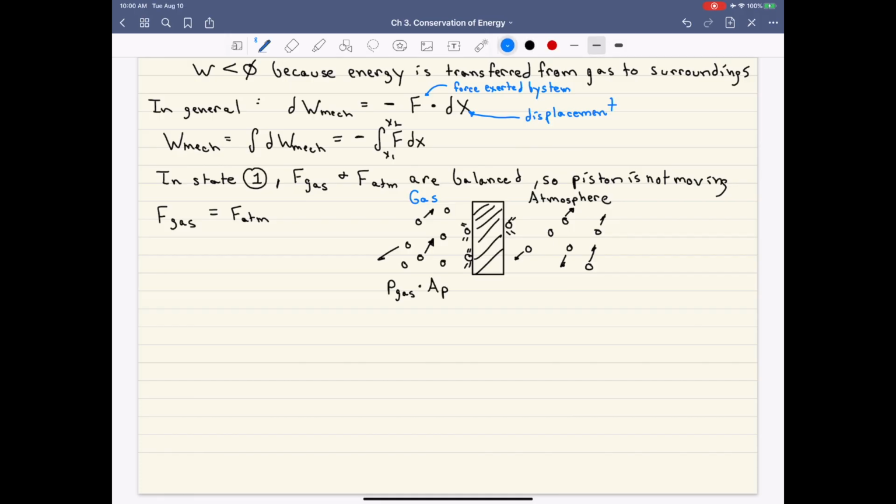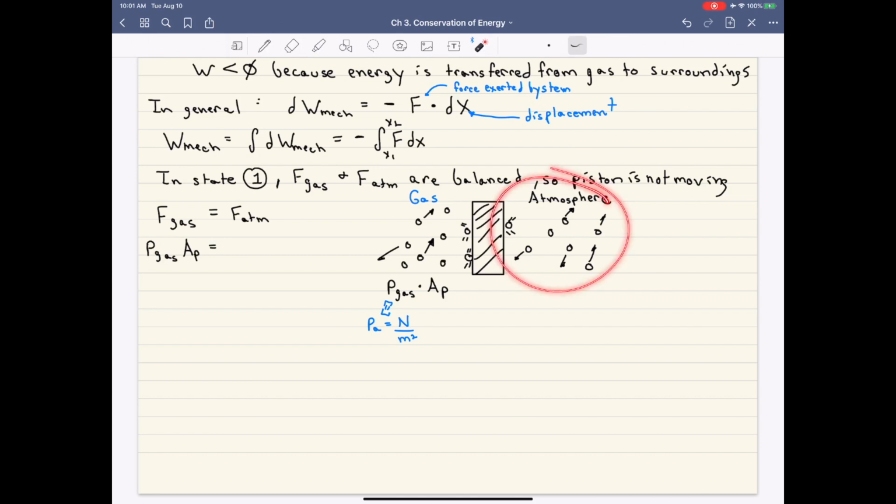And the reason we could do that is because we know that a Pascal is going to be equal to newtons over meter squared, where newtons is a unit of force. All right, and so if we take newtons over meter squared and multiply it by an area, which is meter squared, in the end, we're just going to get newtons back out. Okay? So our force gas, we could say, is equal to the pressure of the gas times the cross-sectional area of the piston.